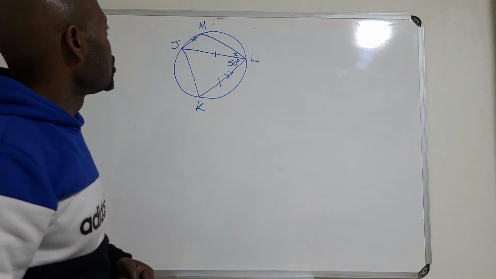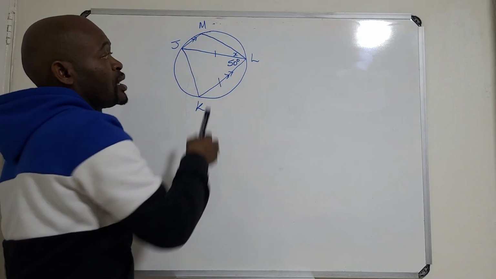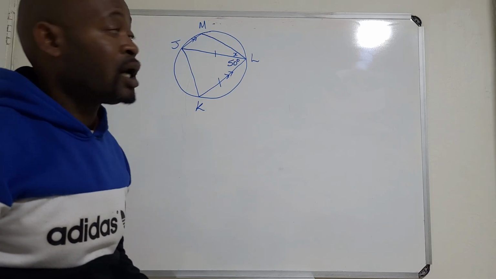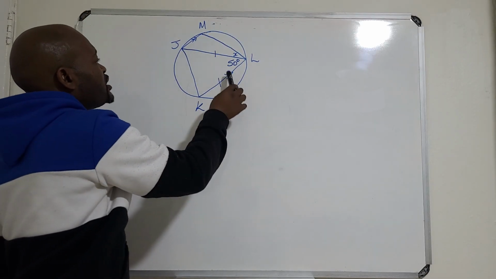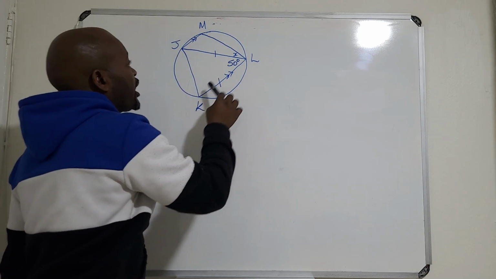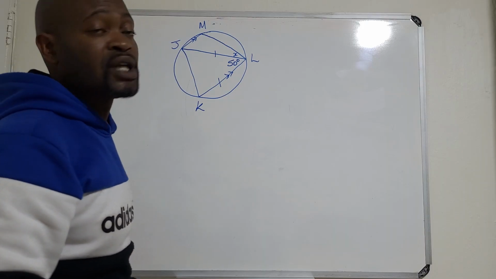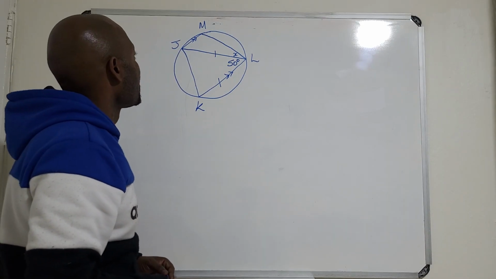We are also told that JM is parallel to KL, and we can see by these arrows that those two sides are parallel.